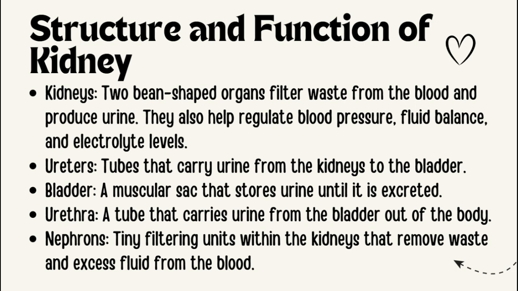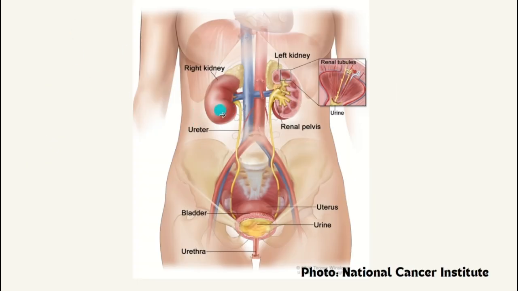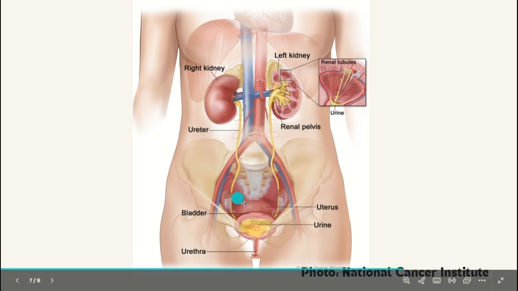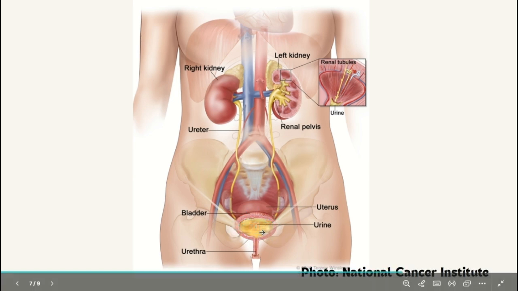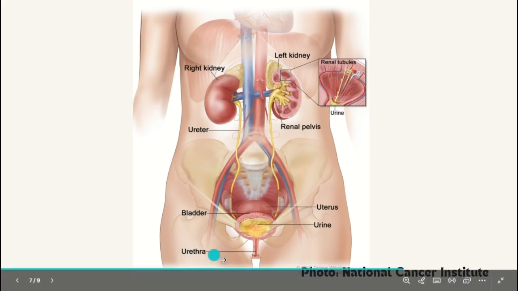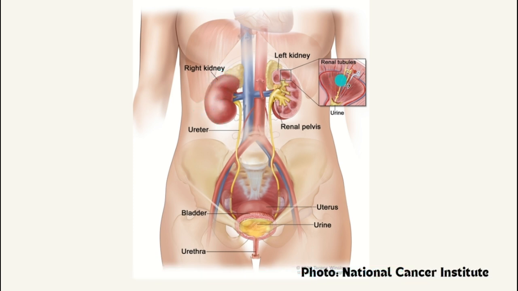You can see the bladder here, and this is the urine inside of the bladder. And the urethra would be the final place before the urine gets outside of the body. So in the kidney, we have our tiny filtering units, which are the nephrons.